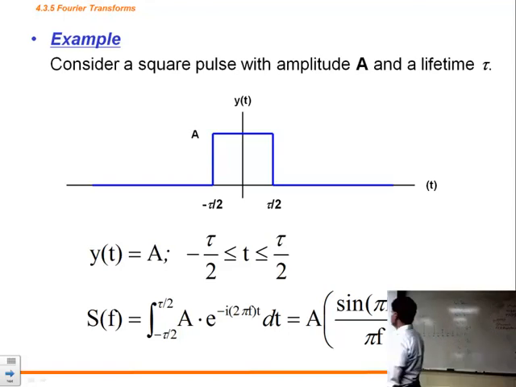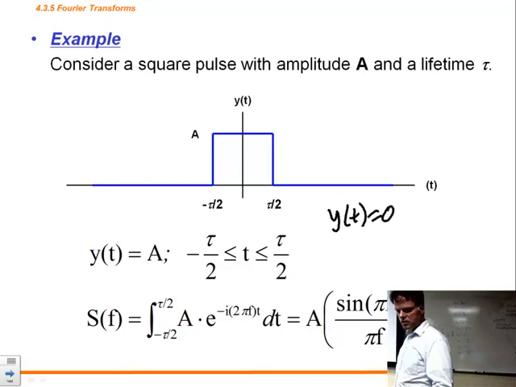All right. So how do we represent this function? Well, y of t is equal to A, provided t is between minus tau over 2 and plus tau over 2. And I'll add to that, I'll say that y of t is equal to 0 otherwise.